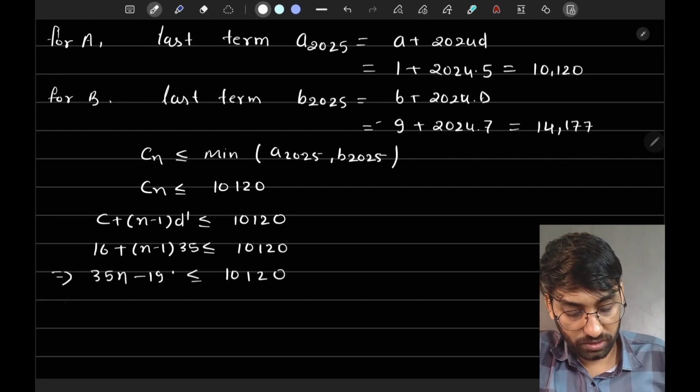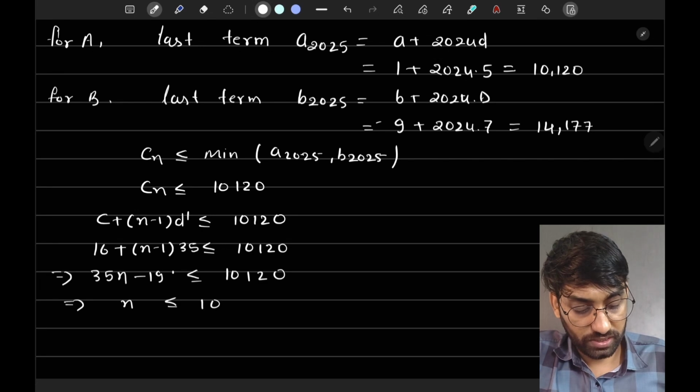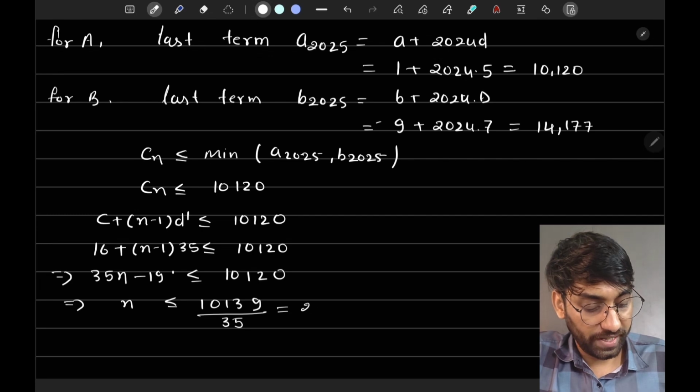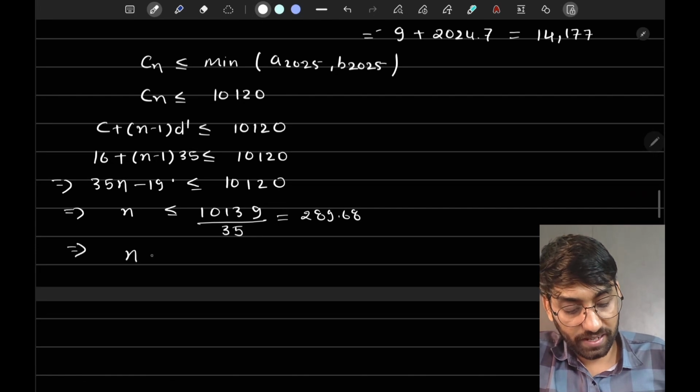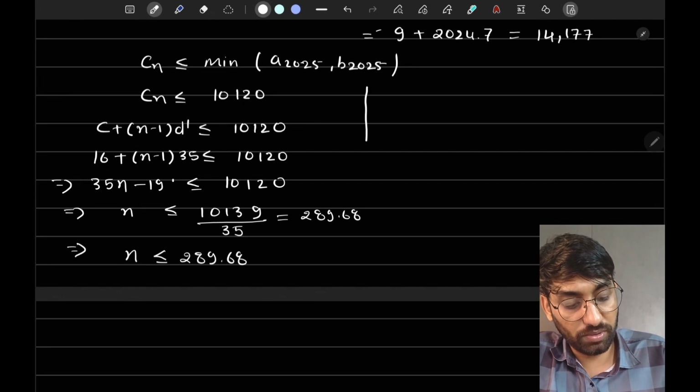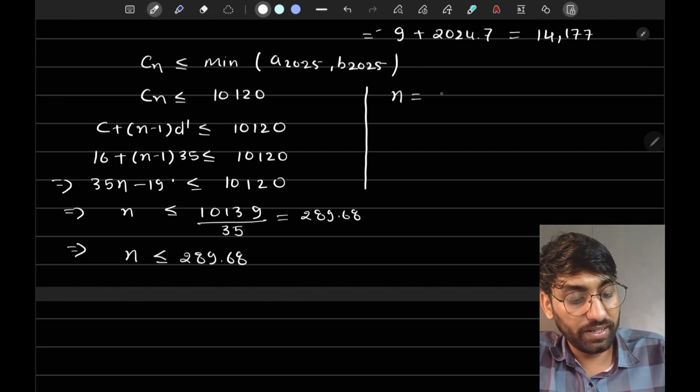So n must be less than or equal to 10139 by 35, and this value is 289.68. So the maximum value of n will be 289.